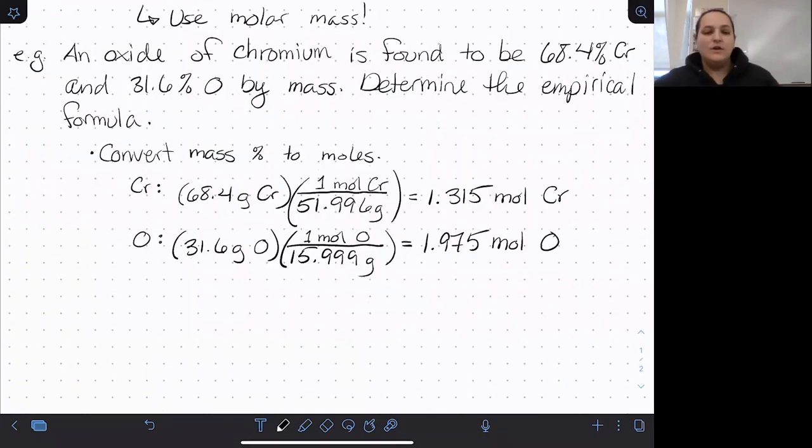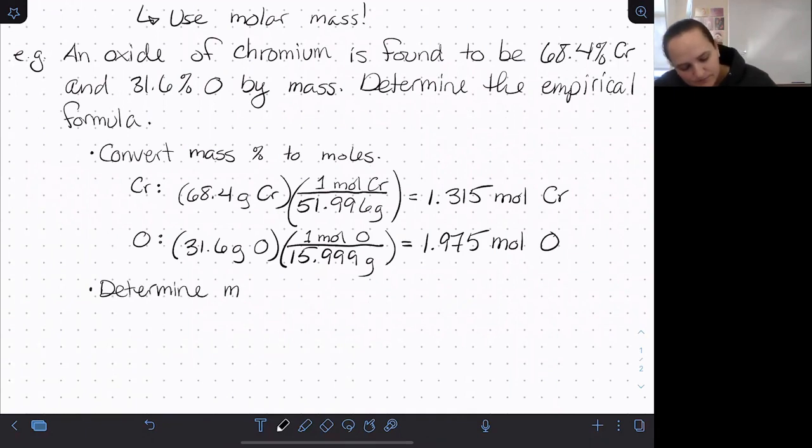So once we've converted mass to moles here, what we need to do is find the ratio. Because that's what our empirical formula really represents, the ratio of atoms, that for every one of these we have 2 of these, or for every 3 of these we have 7 of these, whatever the case may be.